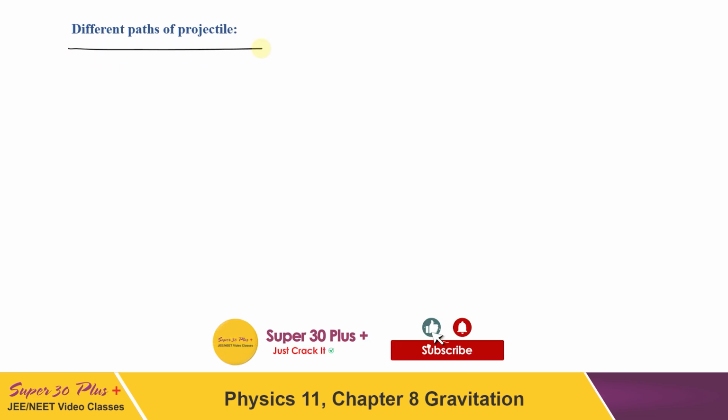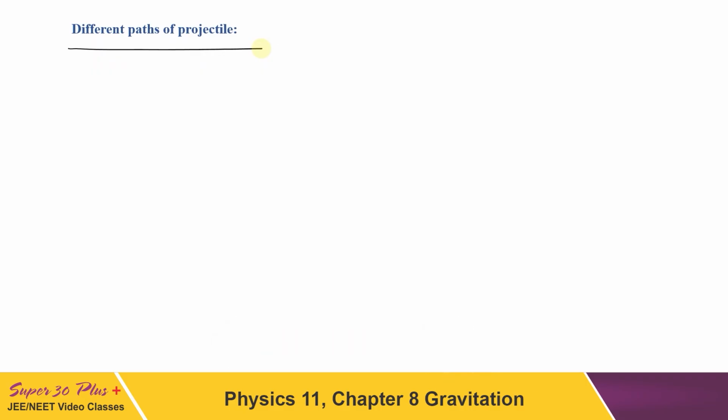Depending on the value of v and the direction of v, we can predict different types of satellite motion. Let us start by considering that this is the Earth, the radius being r, and the satellite is projected at a height h.